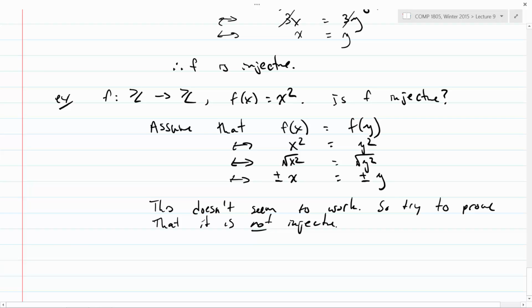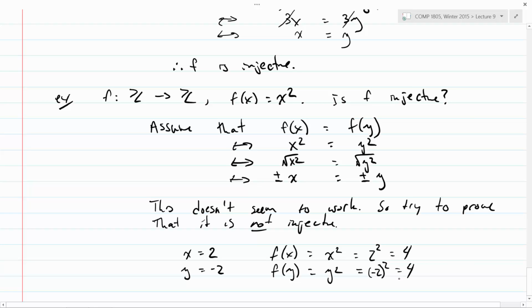What values of x and y should I try? Yeah? 2 and minus 2, sure. So let's say x is 2, y is minus 2. Well then f of x equals x squared, which is 2 squared, which is 4. f of y is y squared, which is minus 2 squared, which is also 4.